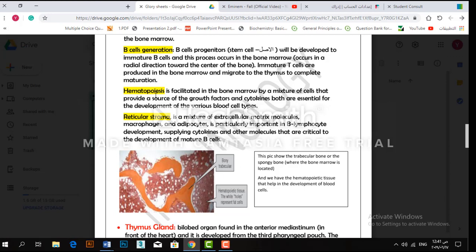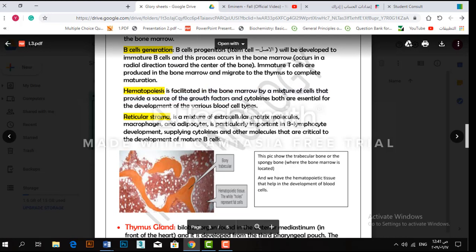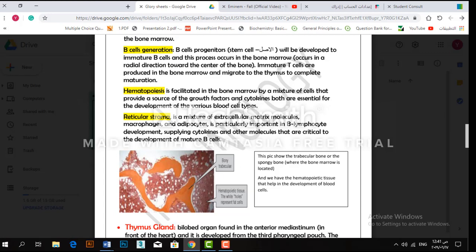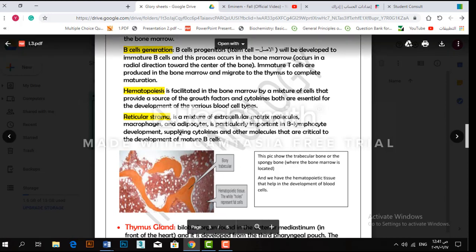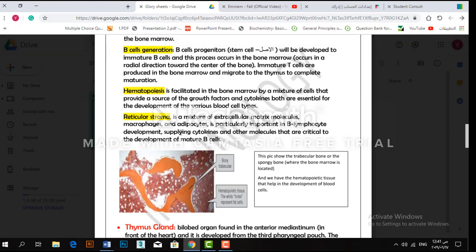So, growth factors and cytokines will provide a good environment for hematopoiesis to occur in the bone marrow in order to develop the various blood cell types.